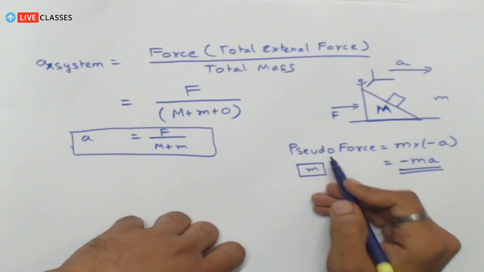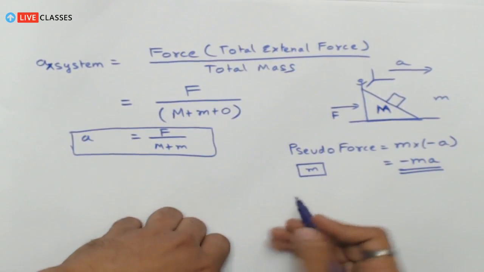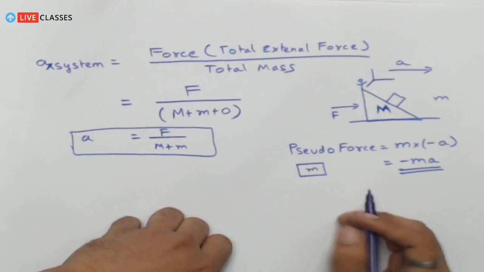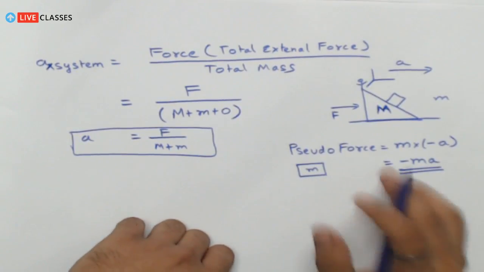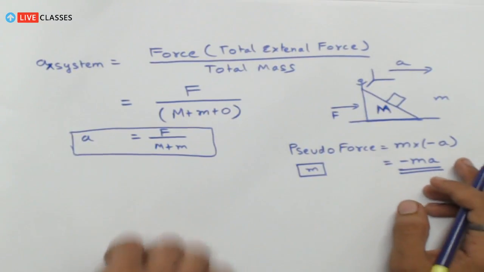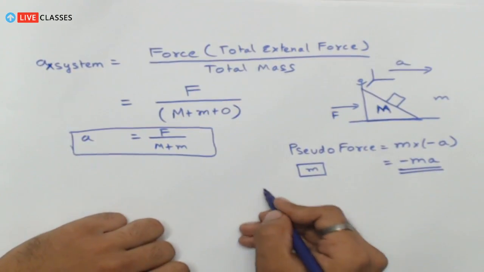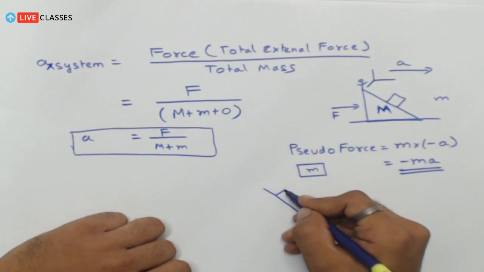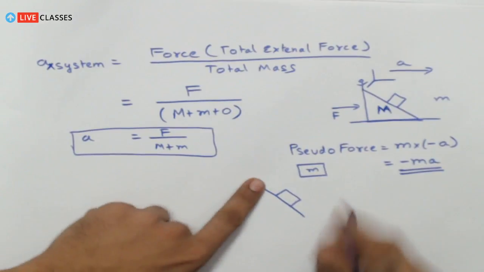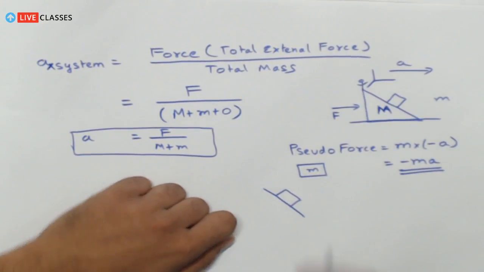But as it is a force, it is a vector. So you have to know how the force is acting on it, right? As the definition I have told you is mass times the negative of the acceleration of the non-inertial frame of reference, the force acting on the block will be... I have made this figure to show you that the block is inclined, right?